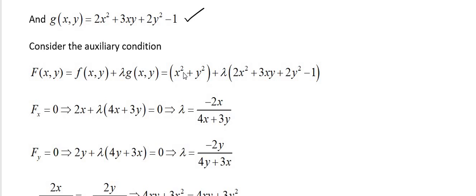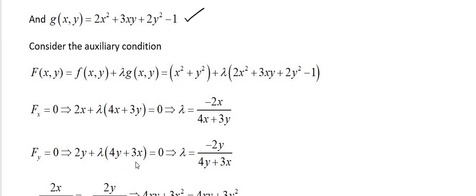So x² differentiation is 0, y² differentiation is 2y, plus λ times: 2x² is totally constant so 0, 3xy gives 3x, 2y² differentiation is 4y, and the constant differentiation is 0. Here the differentiation is with respect to y only.